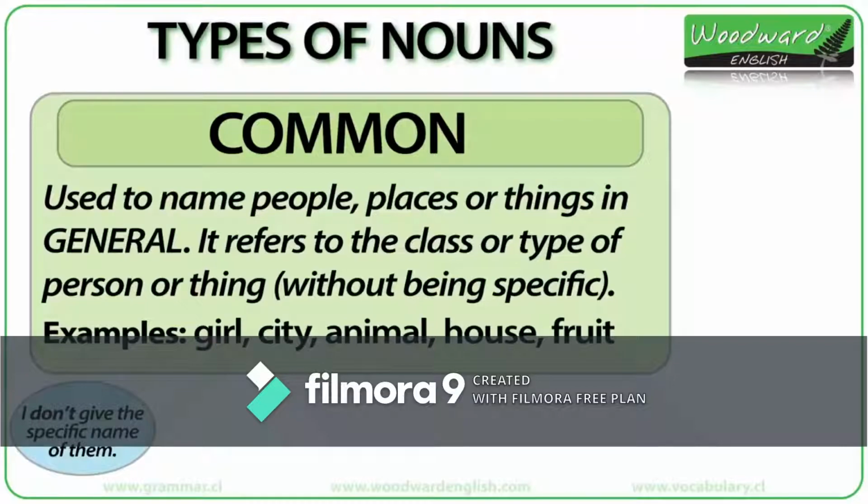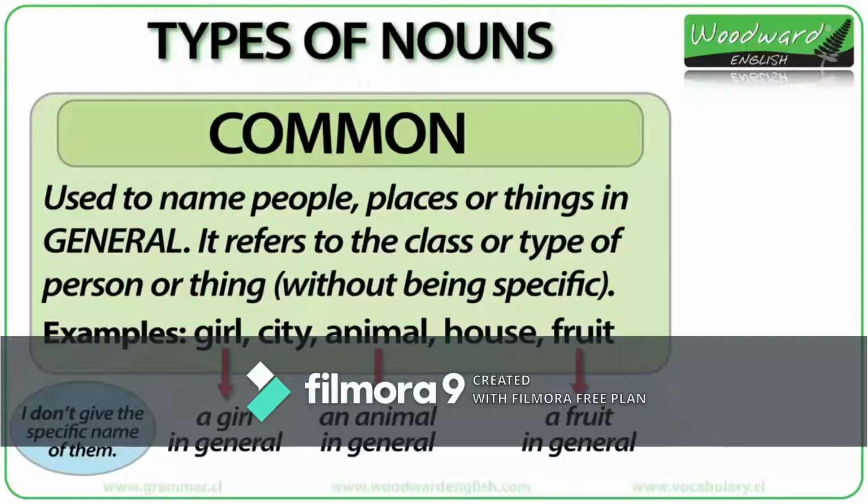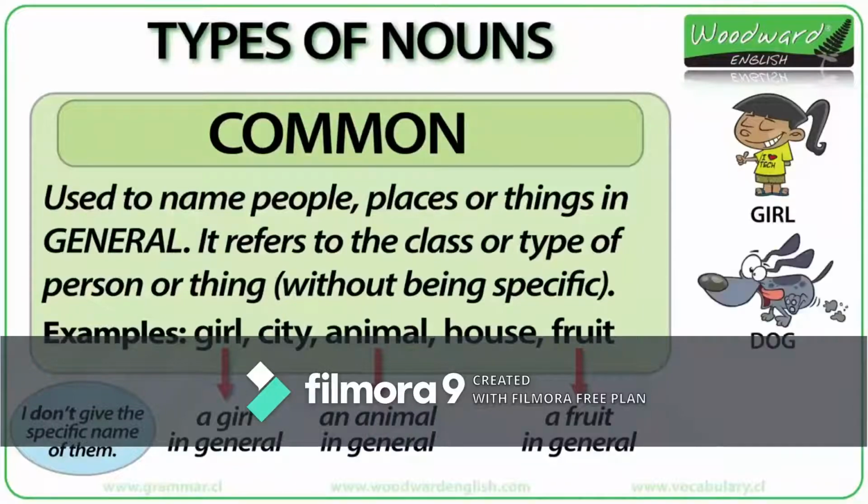I don't give the specific name of them. It's a girl in general, an animal in general, a fruit in general. Girl is a common noun because it refers to a girl in general without giving her name. Dog is a common noun because it refers to a dog in general. I don't give the specific name of that dog.